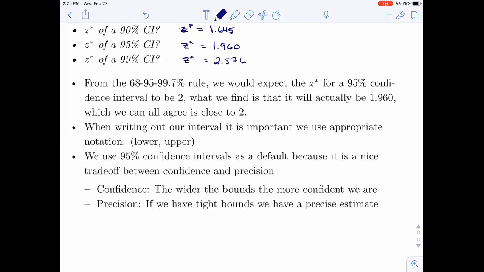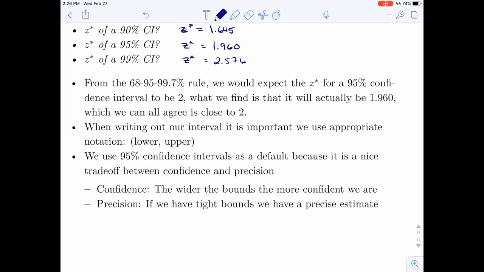So why would we use 95%? In fact, 95% is a default. It's kind of the default confidence level. The reason is that we need a balance between being really confident and precision.